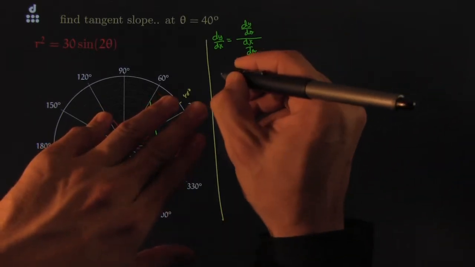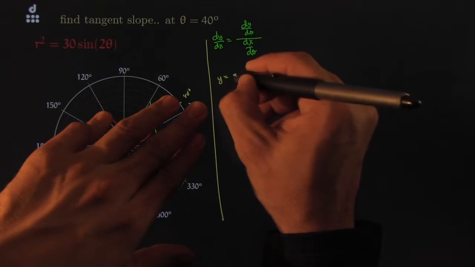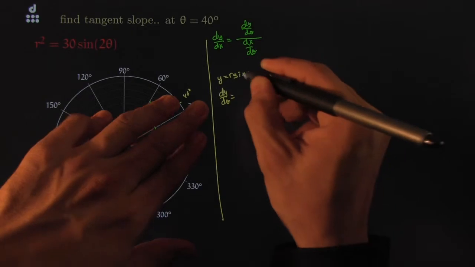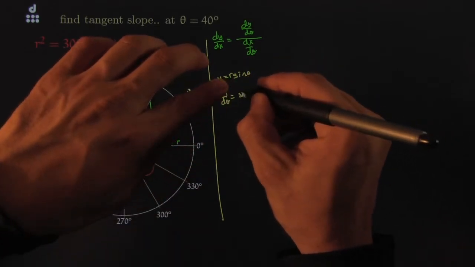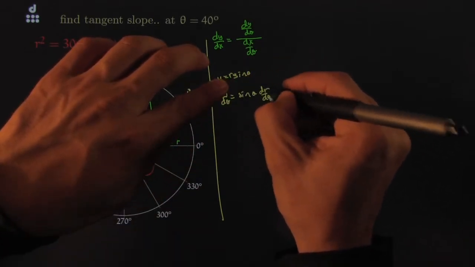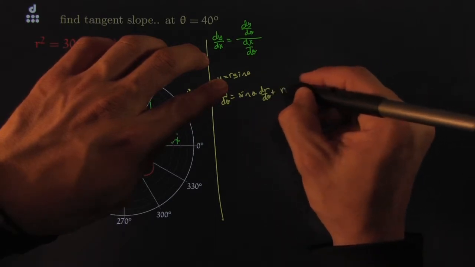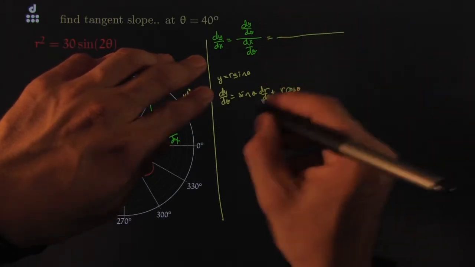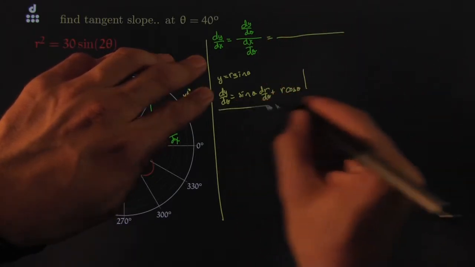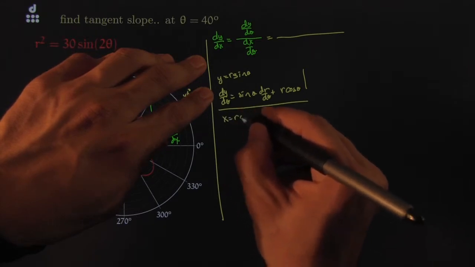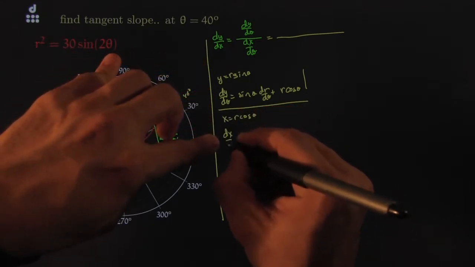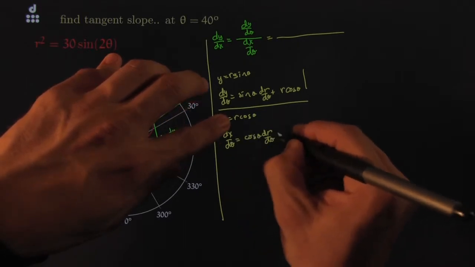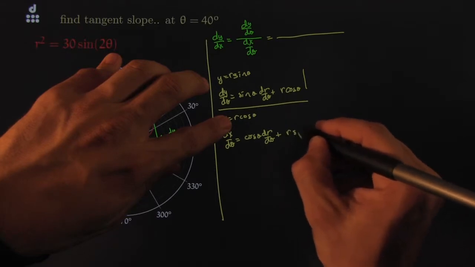Recall that we had y is equal to r sine theta, therefore dy d theta would be equal to the derivative of the first, dr d theta, plus r times cosine theta, the derivative of the second. And of course that's what goes up here on the numerator. And similarly we had that x was equal to r cosine theta, so dx d theta is equal to cosine theta, dr d theta, plus r times sine theta.